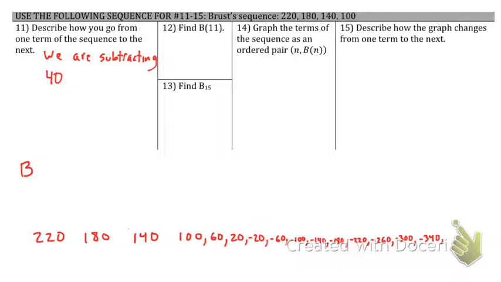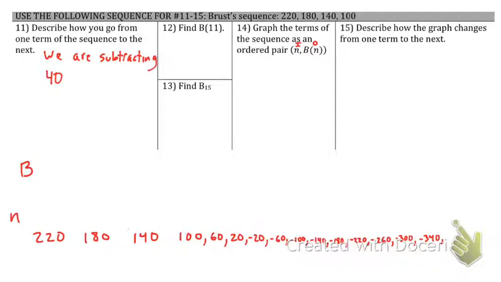So this is function notation. Function notation looks like this. N. The reason I know it's N is because I see we're using the variable N for our input. So this is our input, and this is our output, or X and Y, if you think of it that way.